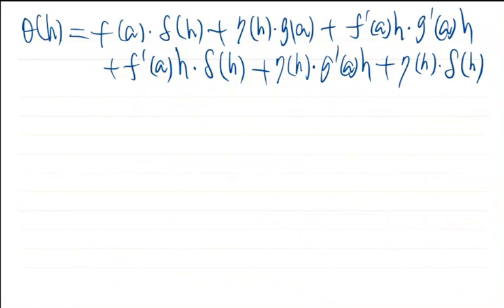You compare the expansion and the terms we already studied before, and you see that our remainder term theta h consists of these six terms.